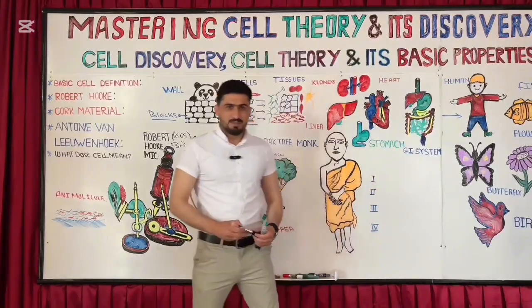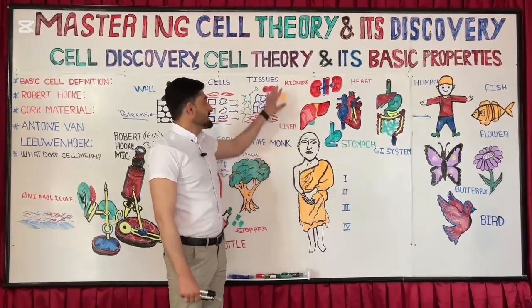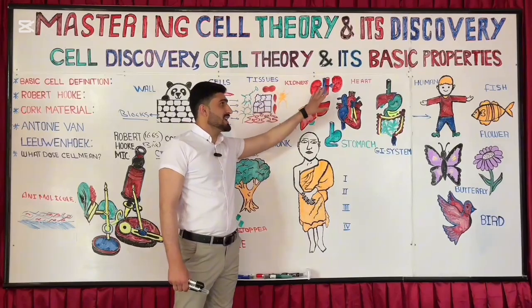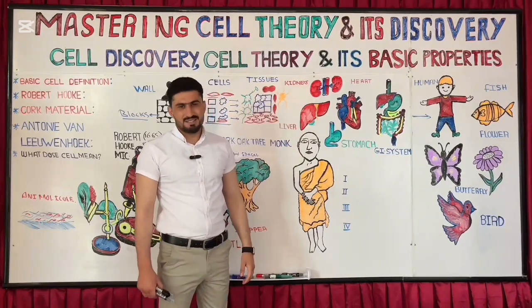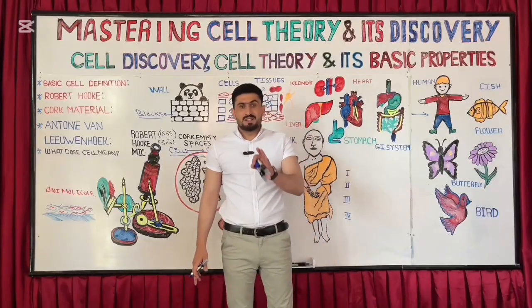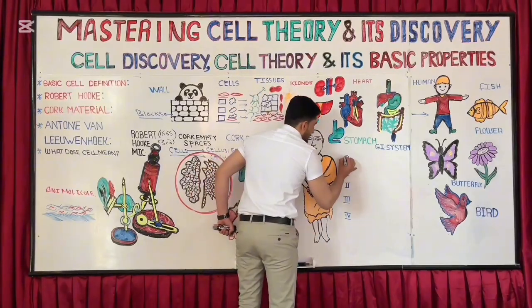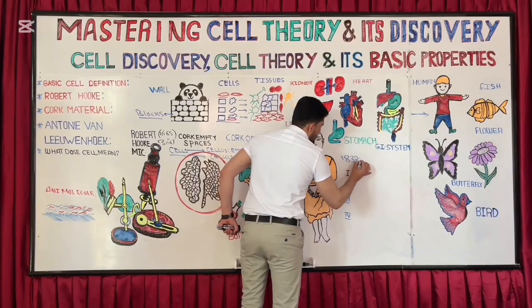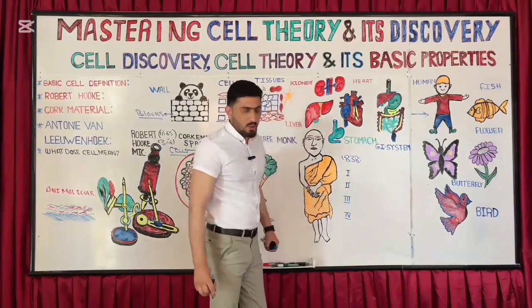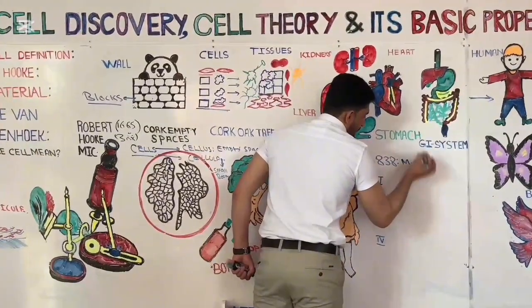Okay, so let's move on to the next part of our video lecture, which is so important, and it's about cell theory and its basic properties. Until 1830, the importance of a cell was not realized, but in 1838, there was a botanist whose name was Matthias Schleiden.